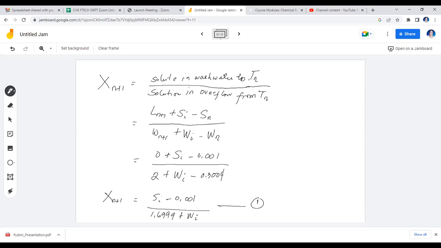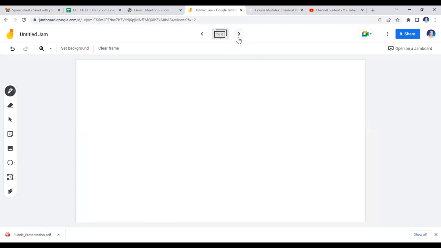I hope I am able to make you understand that one. A general equation that will help us solve the concentration of the wash water that's entering a particular thickener N. Now, we will need to do another material balance, this time based on thickener number 2.